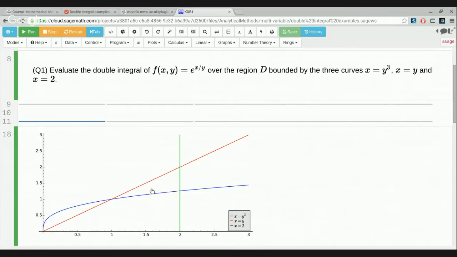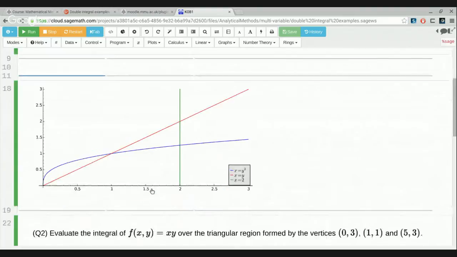So then you come to decide on the limits of integration for this. You look at where the region is, and you see that the region lies between the y values 1 and 2.